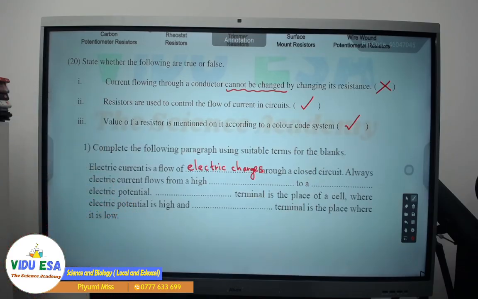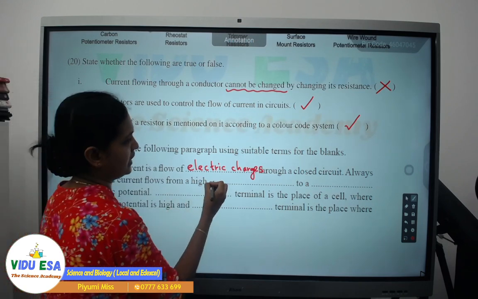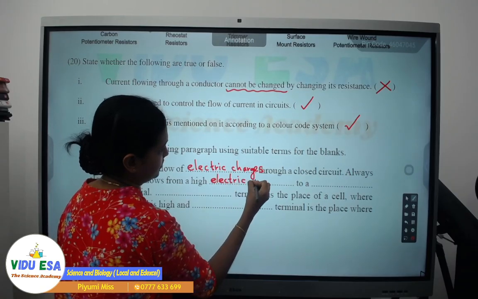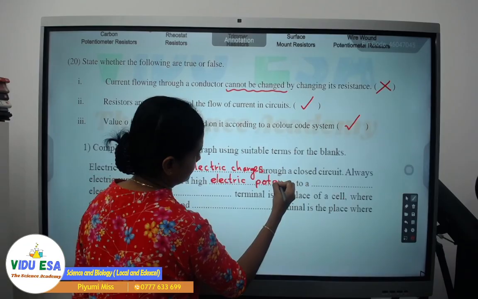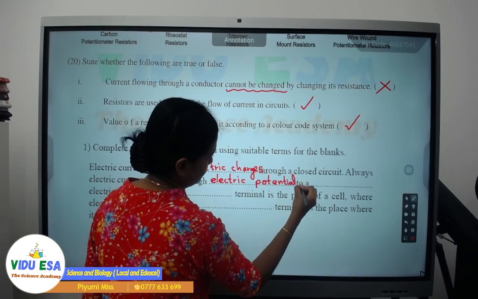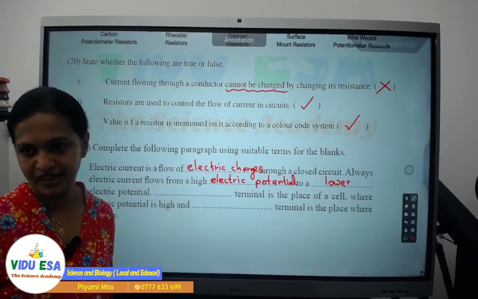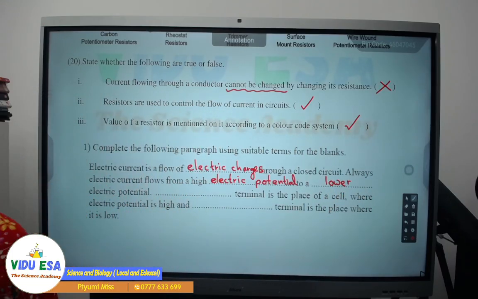What should come for that blank, Senuli? Electric potential. Yes. Current flows from a high electric potential to a lower electric potential. Right? That is why we mentioned the current flows from the positive terminal to the negative terminal. Right? Positive terminal to the negative terminal.